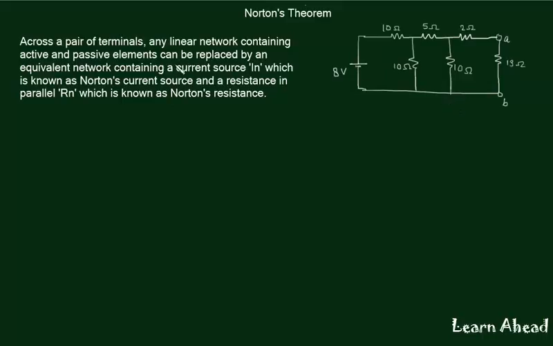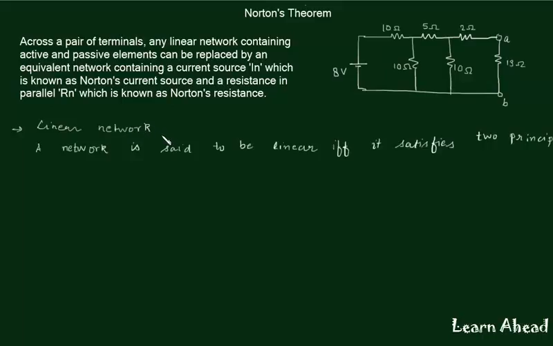In the previous video, I gave you a brief outline of what a linear network is. In this video, I am going to give you a more formal explanation. So what is a linear network? A network is said to be a linear network if and only if it satisfies two principles.